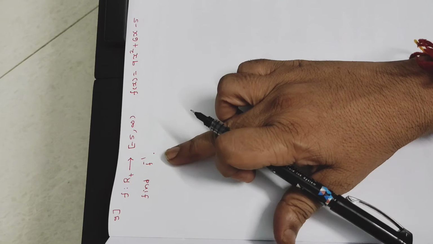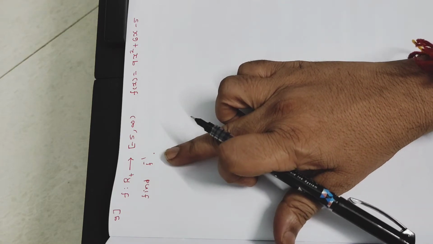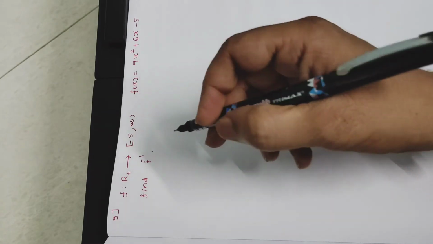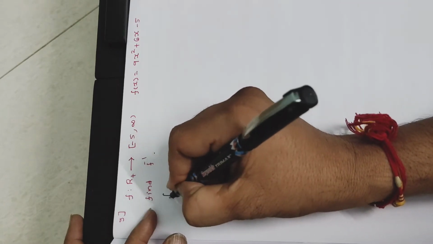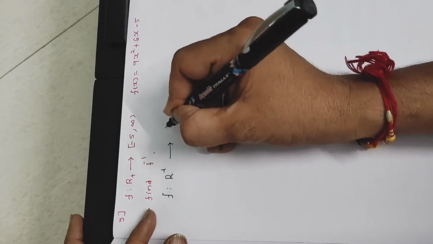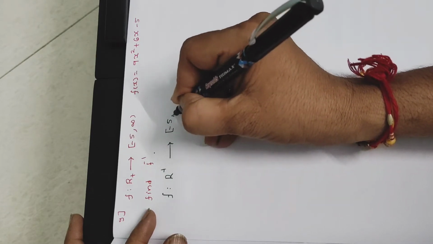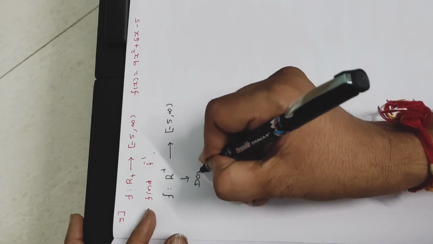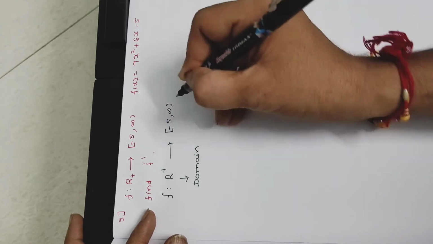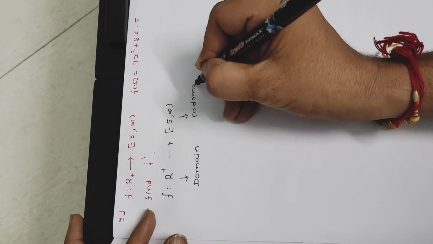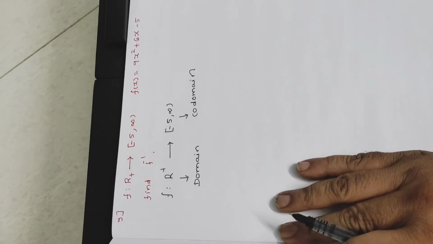Now again in 9th, find F inverse. So first I have to prove this is 1 function. So here F is R positive to minus 5 to infinity. This is my domain and this is my codomain. Now what is there?